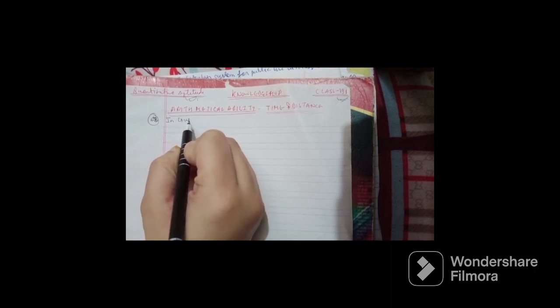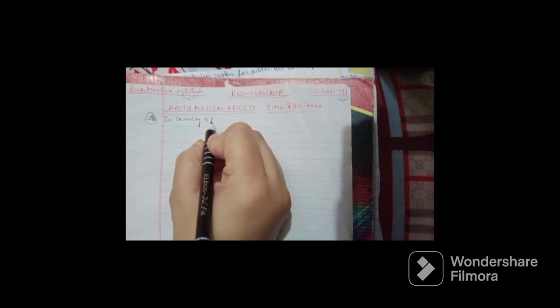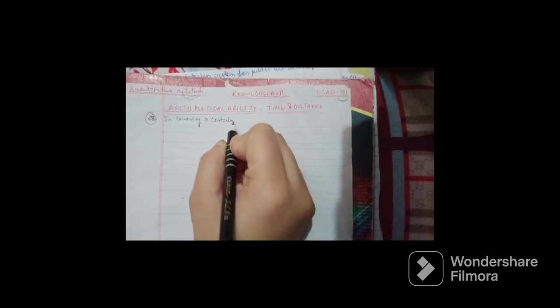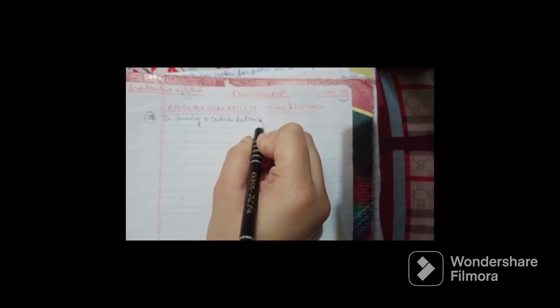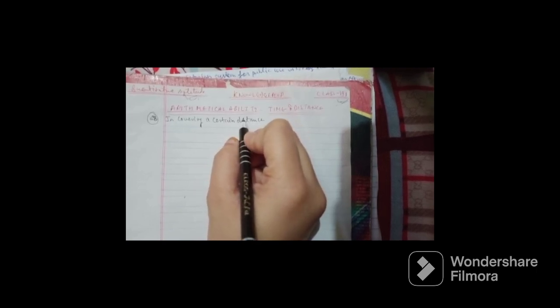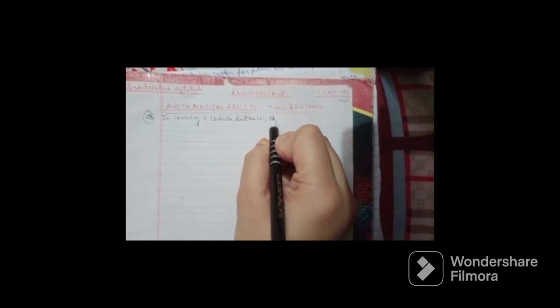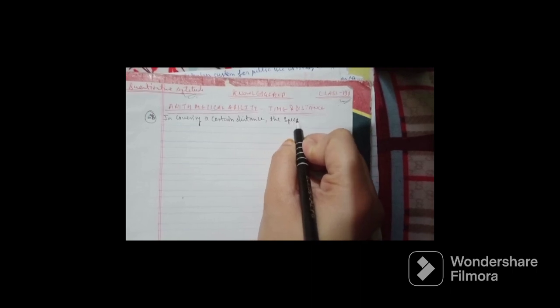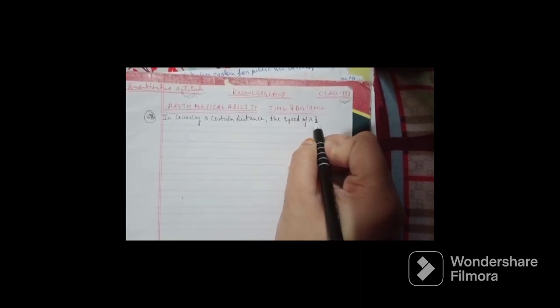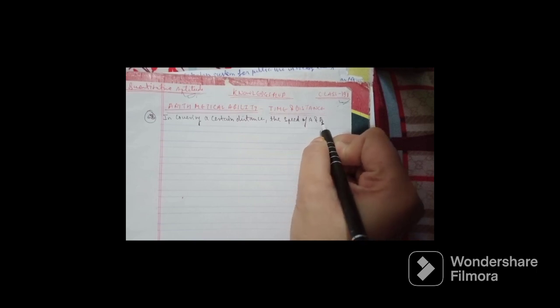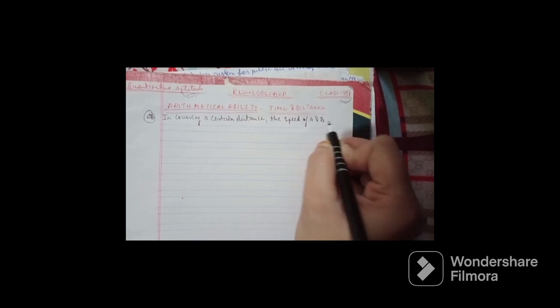In covering a certain distance, the speeds of A and B are in the ratio 3:4.